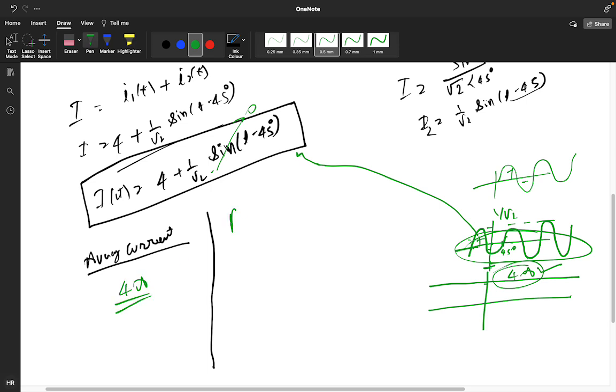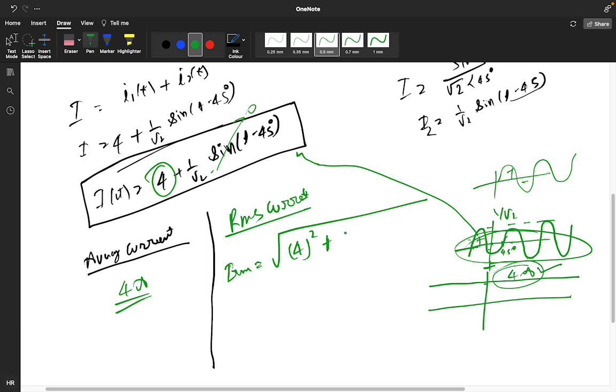What about the RMS current? I told you IRMS will be root under 4 square plus 1 by root 2, that is the magnitude, and because of this sine, another 1 by root 2 will come, overall square.